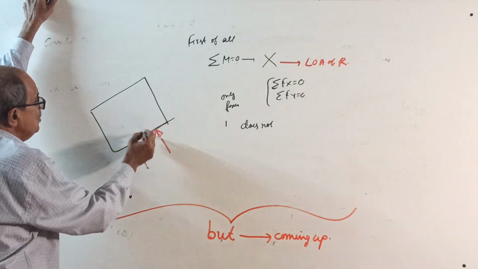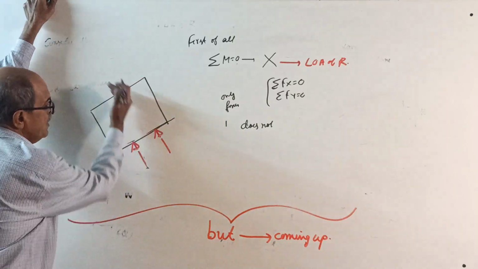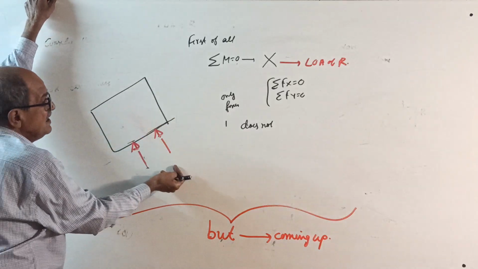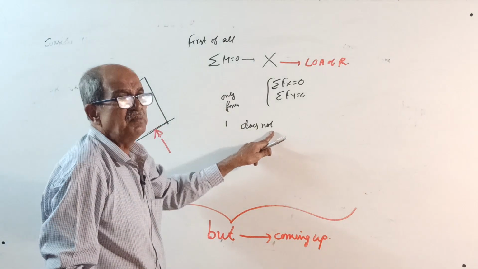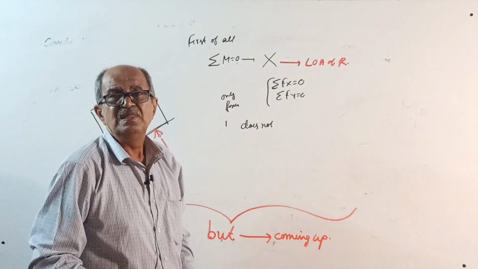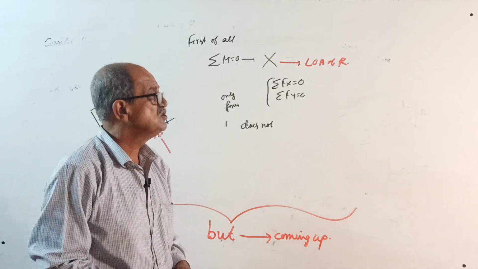See, when you make sigma Fy equal to 0, it is this way. Here also this way, here also this way. So it does not matter, so no point in wasting too much time.